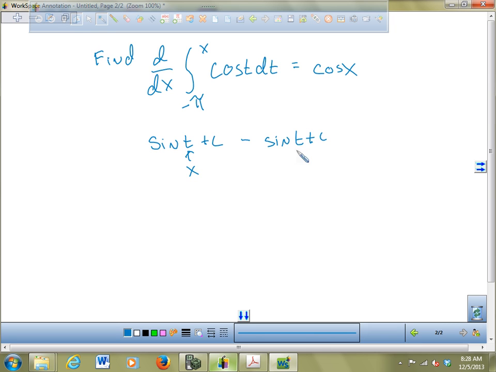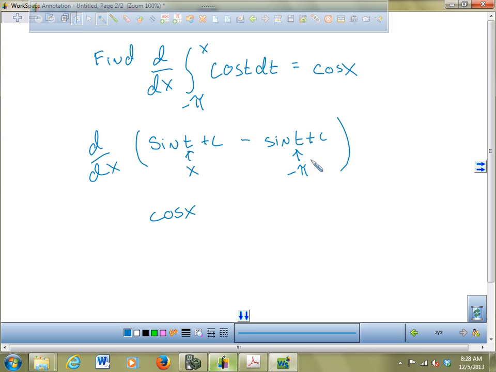And you would evaluate this one at negative pi and subtract those two quantities using the other fundamental theorem part. But what's the derivative of sine of x plus a constant? Cosine x, right? So if I took the derivative of this, I just get out cosine of x.